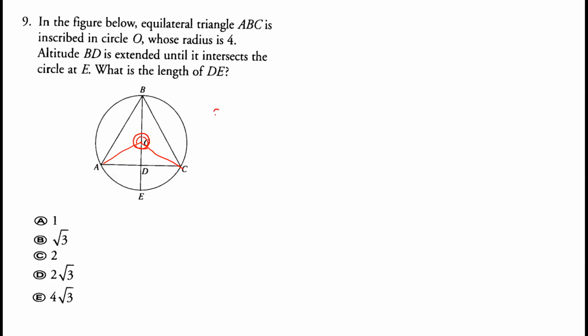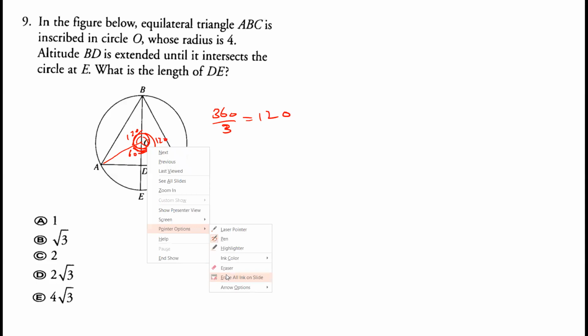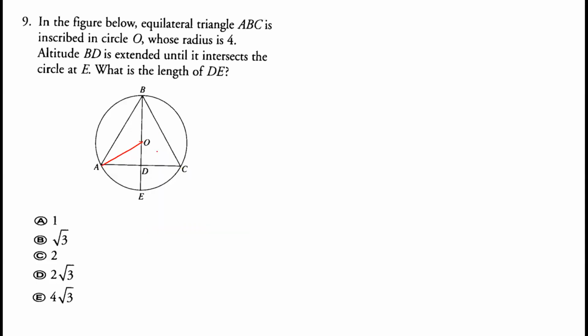So 360 divided by 3 is 120. So we can say that this angle is 120, this angle is also 120, and this total angle is also 120. Now if we divide 120 by 2, we get this angle as 60. So again, this angle would be 60.